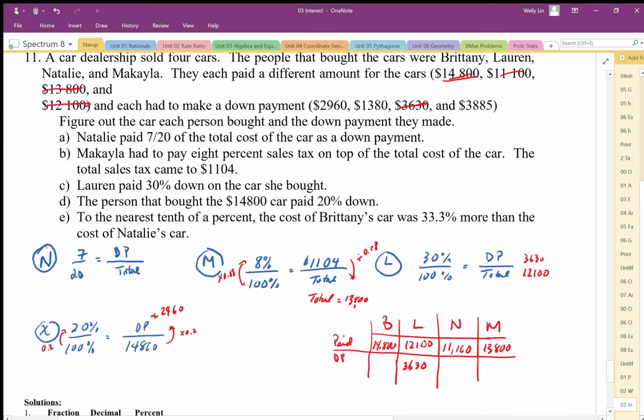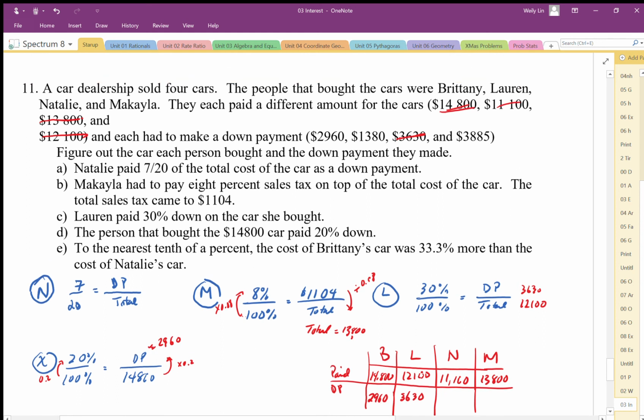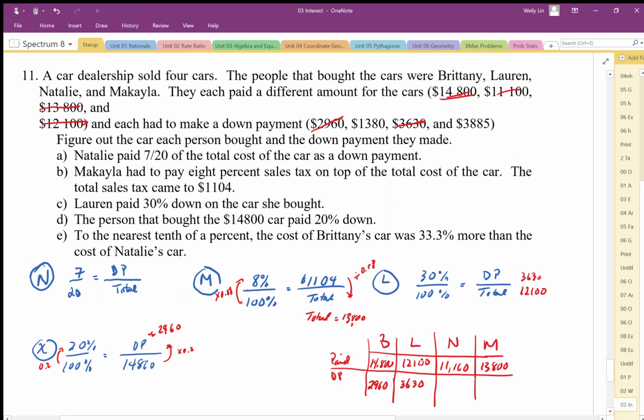Now we can work out that the down payment of the 14,800 car, which was 20%, goes with the 2,960, so we can get rid of that. We know that Natalie's down payment was 35%, and that works out to be 3885. Does it say anything about Michaela's down payment? It says nothing, but we know that's the only one left.